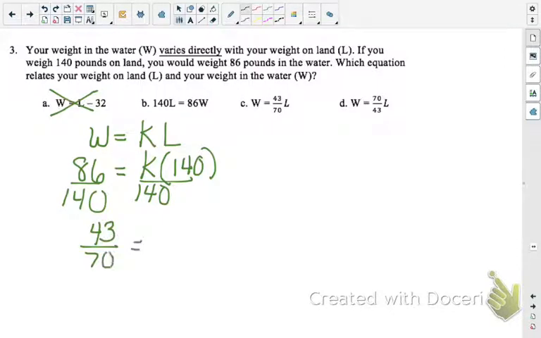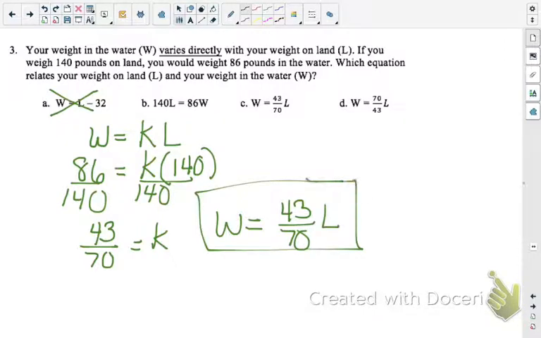It's really easy in this problem to put things in the wrong order. So my final answer here is W equals 43/70 L, which matches option C.